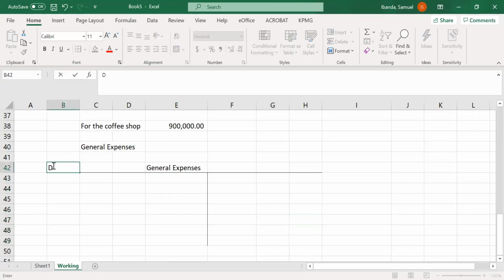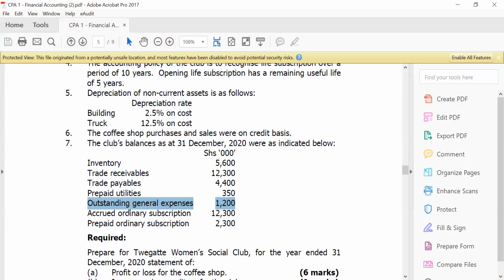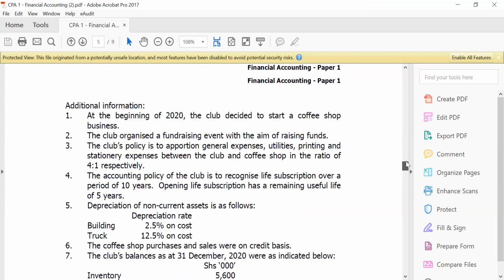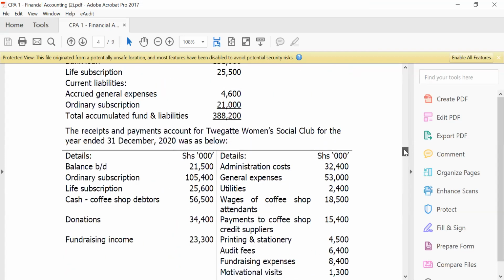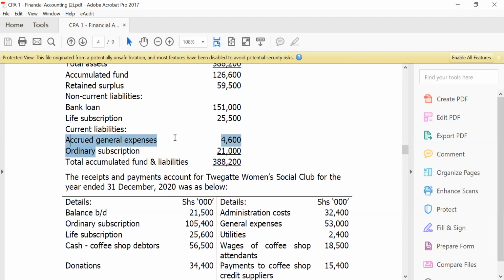So I have debits, and then I have a credit. So I want you again to see how I'm going to play with these values. In this general expenses account, I'm going to put my payables, which are outstanding general expenses, as well as what was paid. So the first thing I start with are balances.